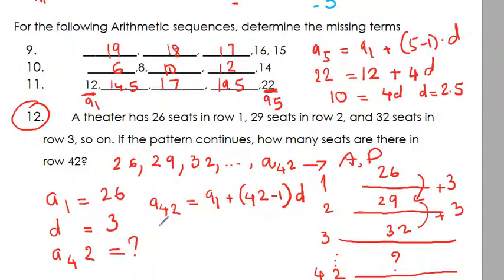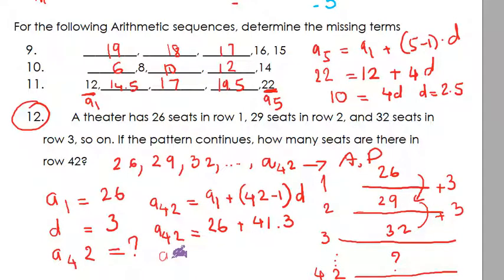A sub 1 is 26 plus, now 42 minus 1 is 41, that's right, times D. D is 3, right? Okay.